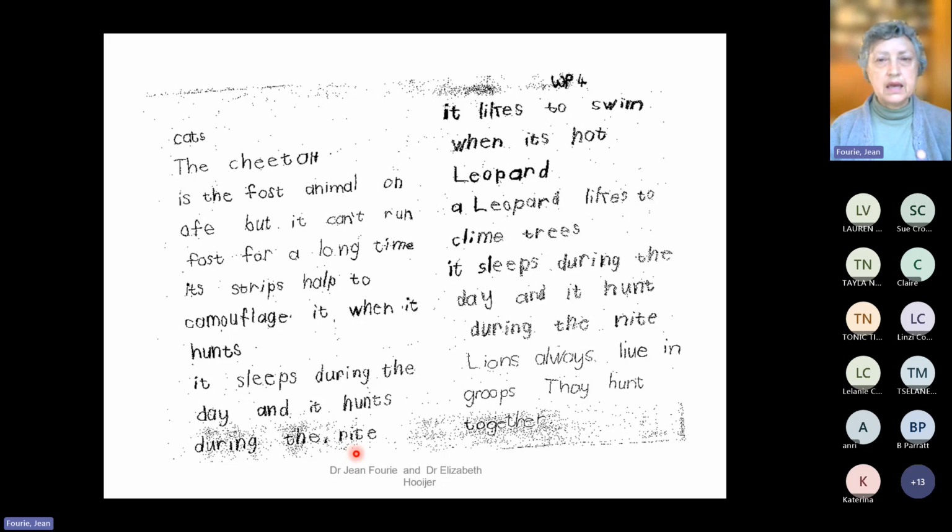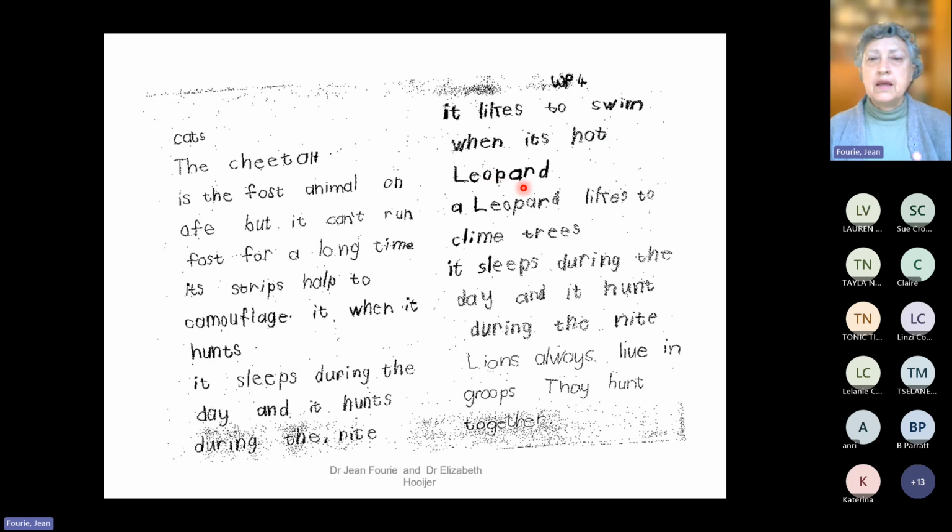Remember, we do not make any corrections at this stage. Okay, and we are writing, it likes to swim when it's hot. Now, there are new ideas as we're writing down, and that's fine. New ideas are being generated as the child is remembering things about these wild cats.